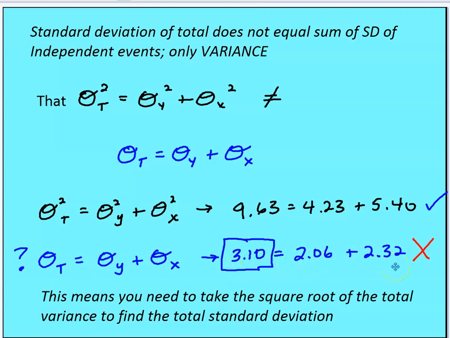When we want to find the standard deviation for the total, what we need to do is take the square root of the sum of the squared standard deviation values, or the square root of the sum of the variances. So be careful on this. And please let me know if you don't understand this concept in class.